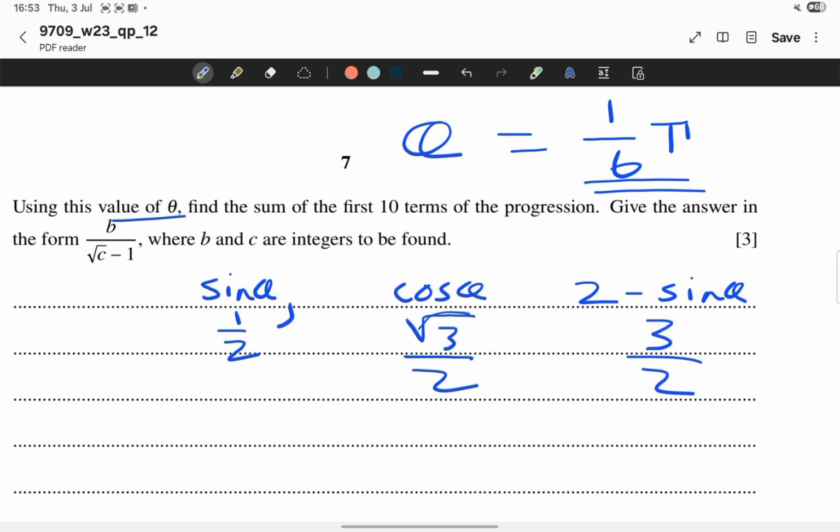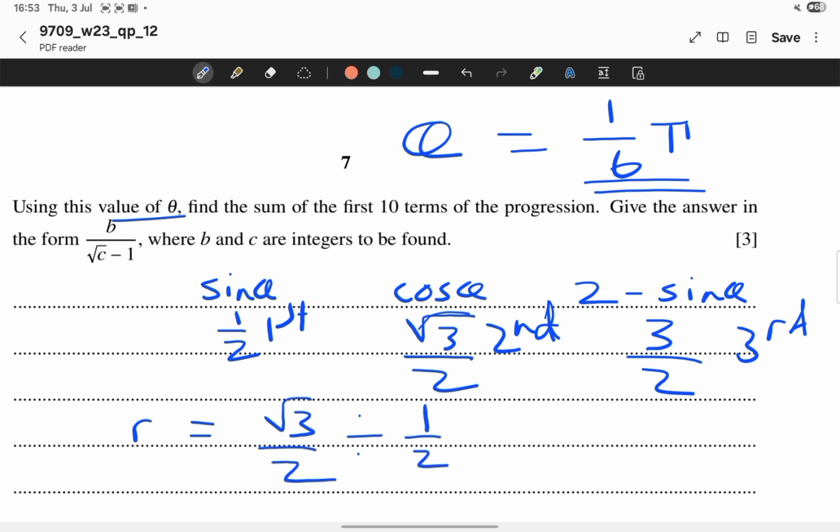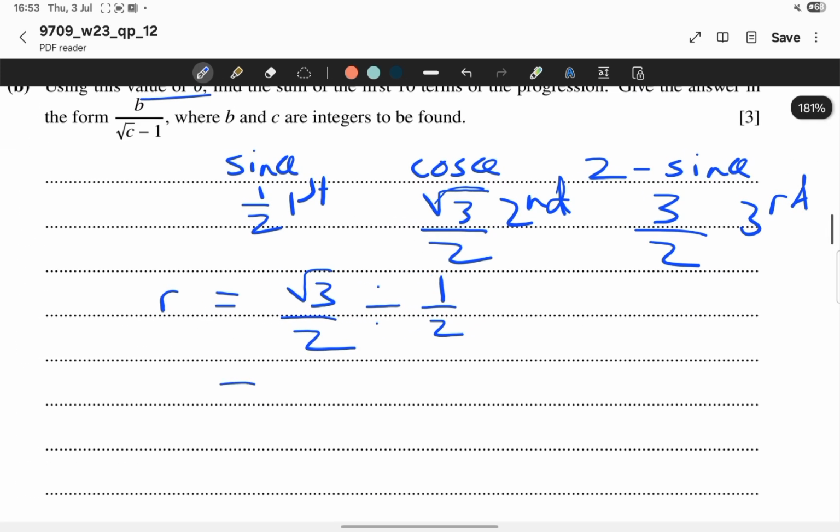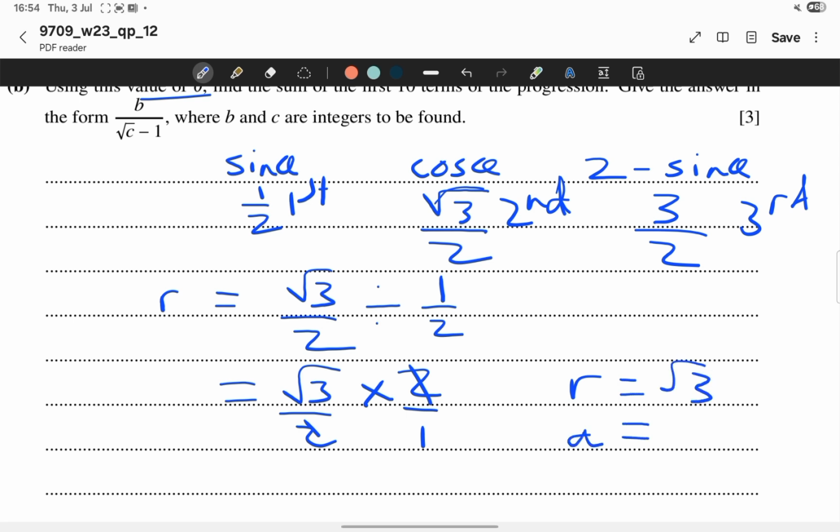So this is the first, the second, and the third terms. Right? So r is equal to root 3 over 2 divided by half. Right? So this comes down to root 3 over 2 times 2 over 1, which gives us r to be root 3.